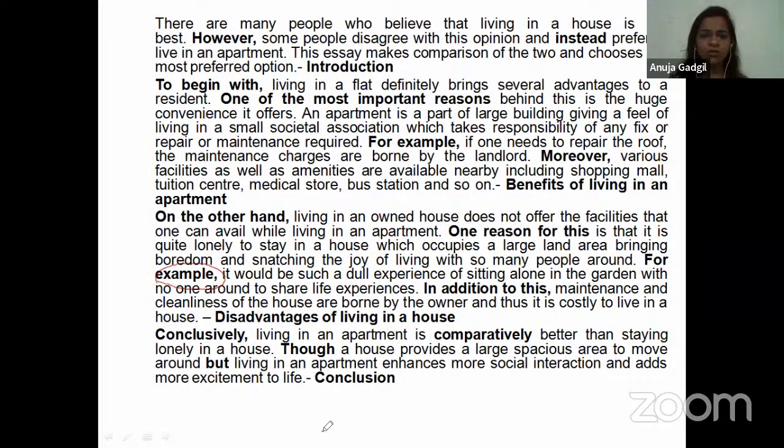And then you conclude the whole thing by saying, okay, both viewpoints: an apartment provides you a better environment, and houses give you peace and a spacious area to move, but when it comes to social interaction, apartments are very, very important.